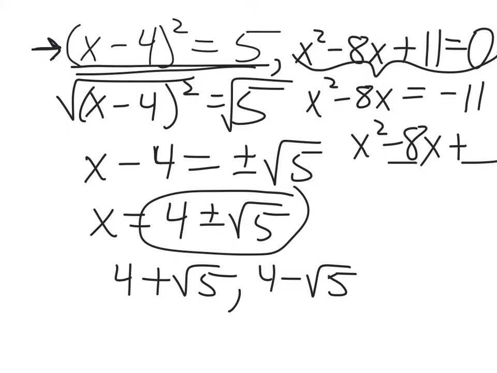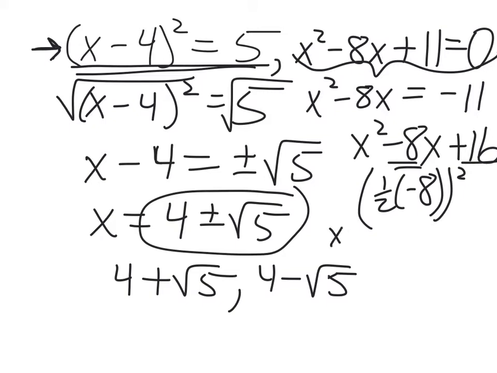What we need to look at is we take 1/2 of the coefficient of the x part, and then we square that. Well, we get -4 squared, which would be 16. So when we're looking at x squared minus 8x plus something, and the equation says that's going to equal -11, whatever we add to one side of the equation, we have to add the same thing to the other.